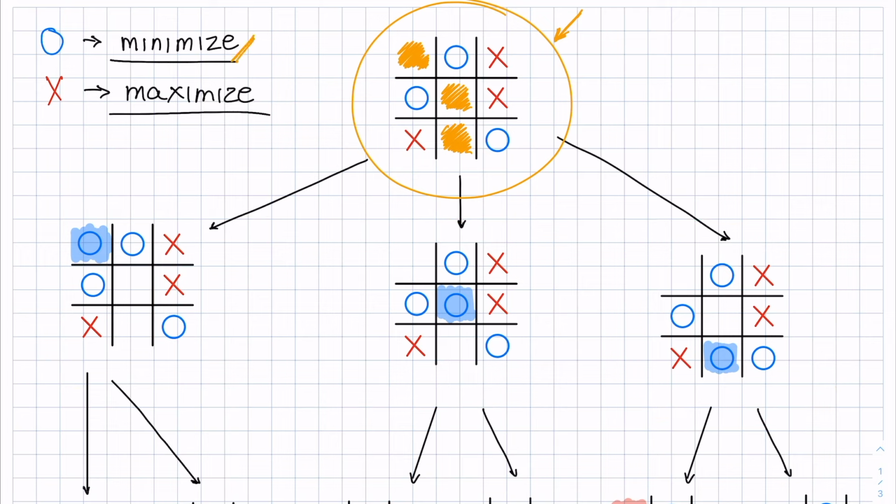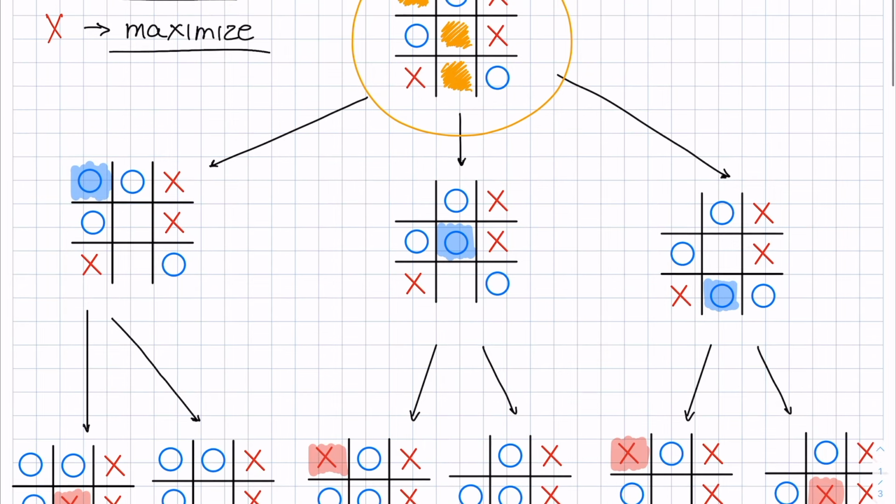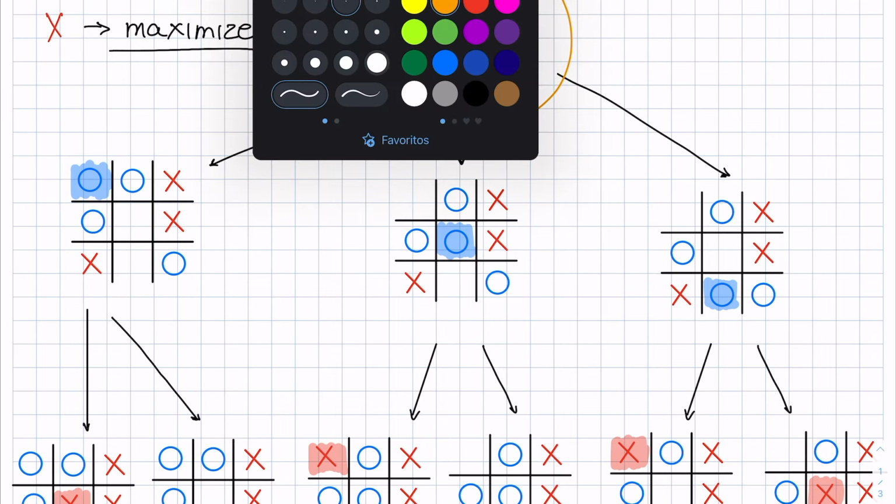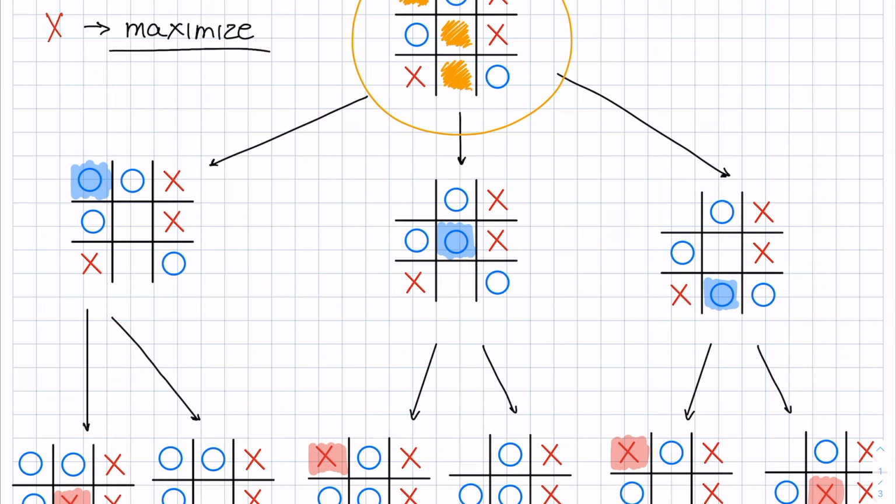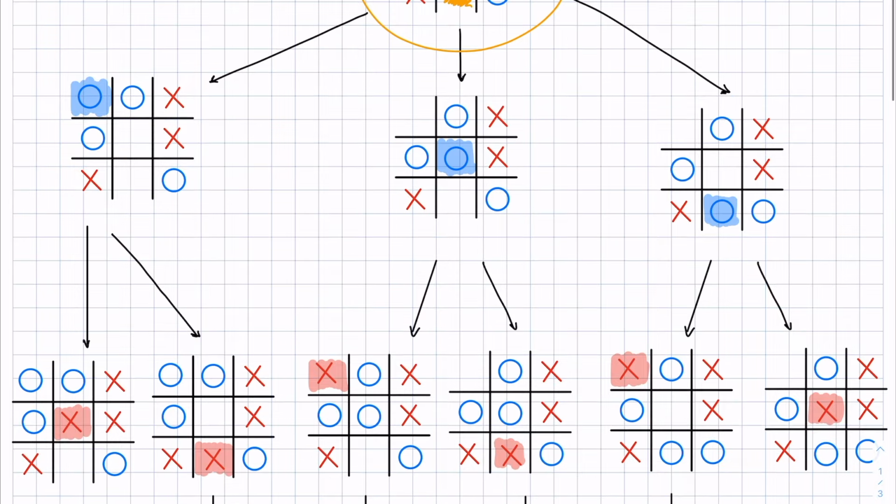So it is our minimize player. So what we want to do is actually tell that player, okay, for each empty square that we have here, try marking it and recursively call the function again until we reach a terminal case. So let's see what I mean.